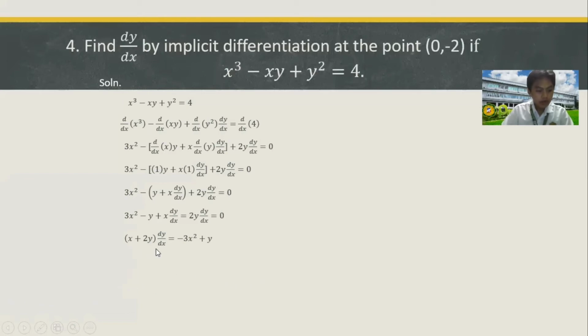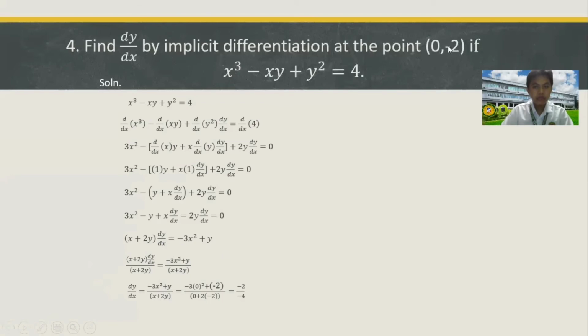So quantity of x plus 2y times dy over dx is equal to negative 3x squared plus y, and then divide both sides by x plus 2y. So our dy over dx is equal to negative 3x squared plus y over x plus 2y.